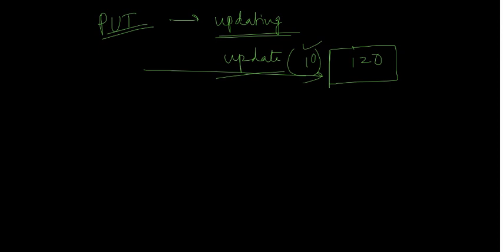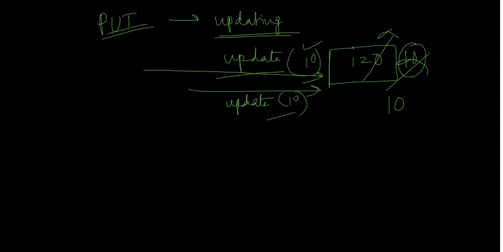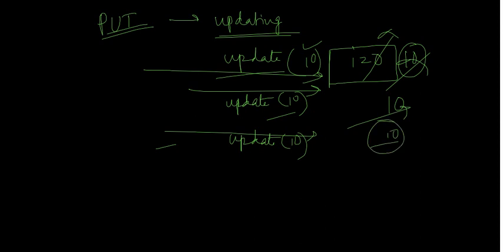On the first request the value will be updated to 10. You send the same request again, update the value to 10, and again it will be updated to 10. You send another request, update to 10, and again it will be updated to 10. So it will always give the same value. For the first time it will update, and from the next time it will just override the value.